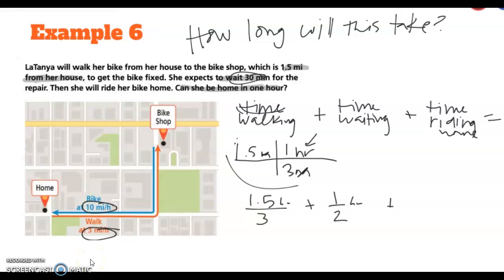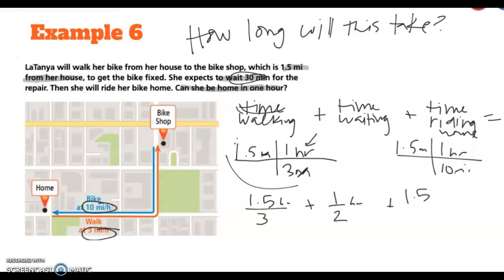So this is the one I know that she's going 1.5 miles, right? Because it's the same distance home and back. 1.5 miles. I'll write this up here. This time she's going 10 miles for every 1 hour.